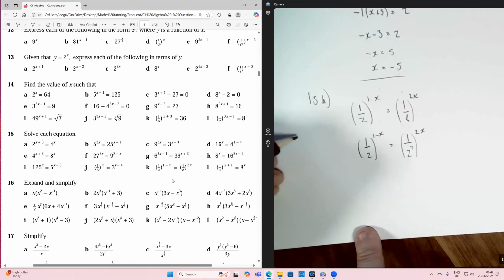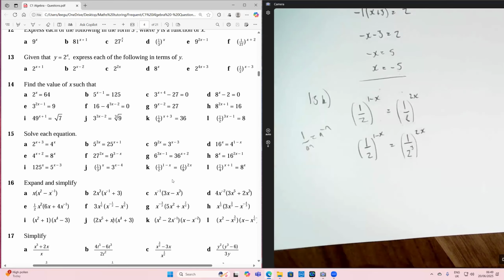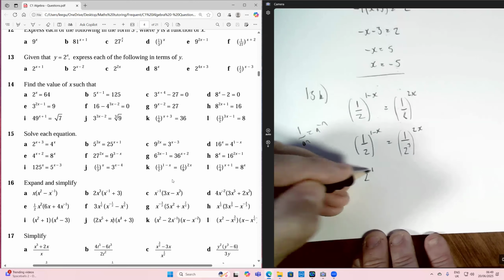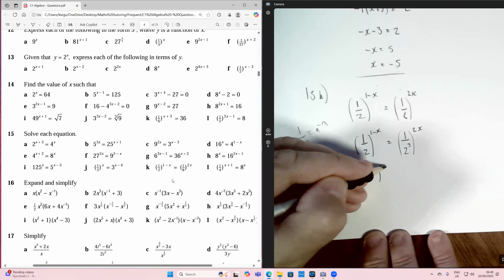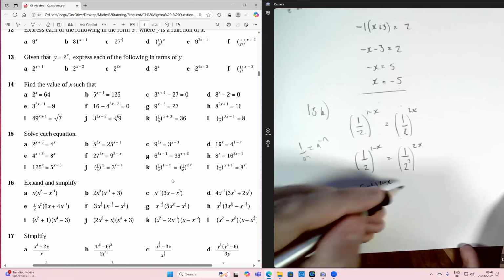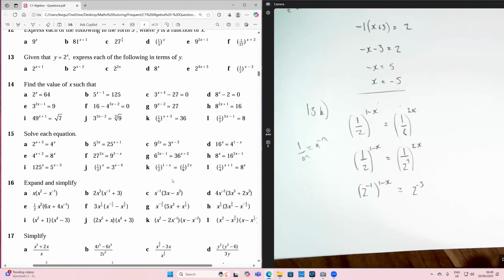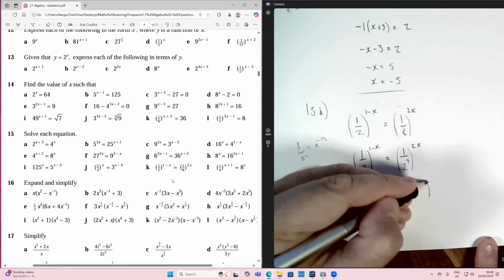Now I'm going to use the law that 1 over a to the n is the same as a to the minus n. So now I can rewrite this one as 2 to the power of minus 1 times by 1 minus x is equal to 2 to the power of minus 3 times to the power of 2x.